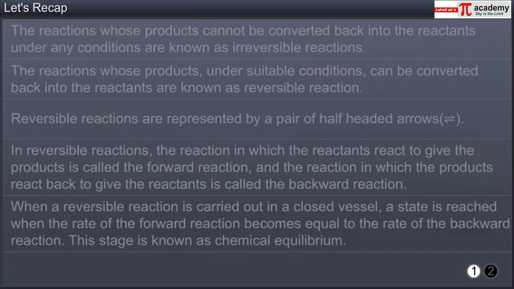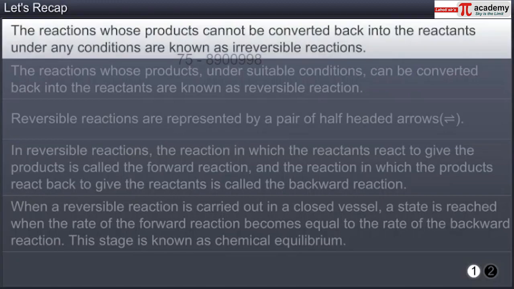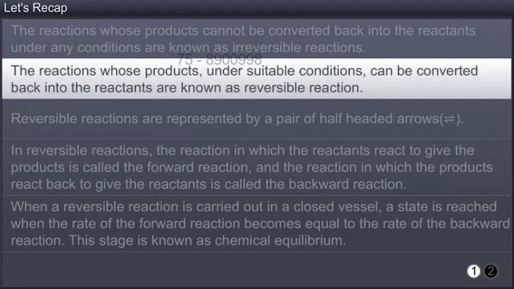You have now reached the end of this module. In this module, you learned that the reactions whose products cannot be converted back into the reactants under any conditions are known as irreversible reactions. The reactions whose products, under suitable conditions, can be converted back into the reactants are known as reversible reactions.